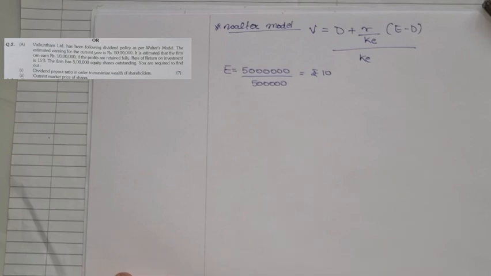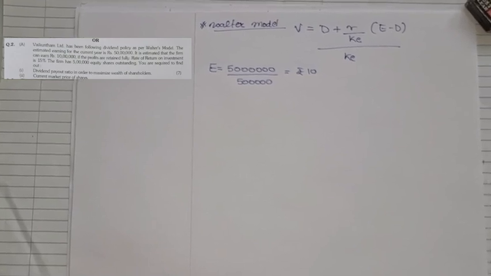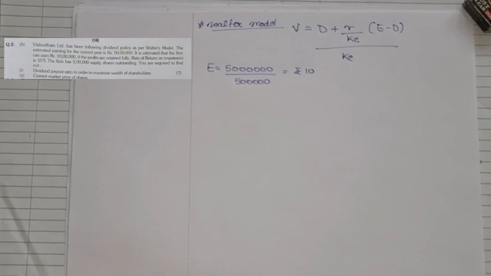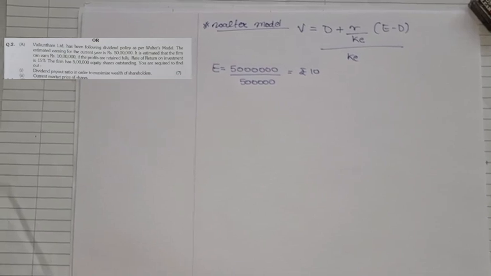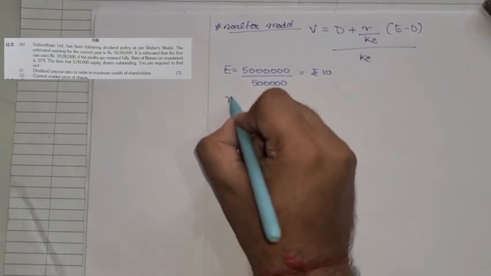Secondly, what else is not given here? The rate. They are giving you the rate of return, and the cost of capital has not been given in this also. So now the next thing we need to find is the rate of return.